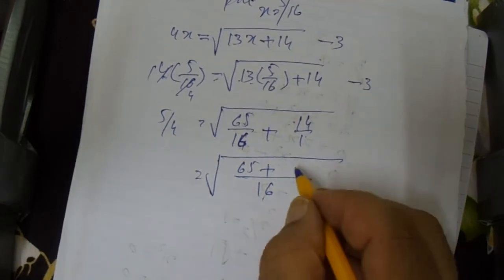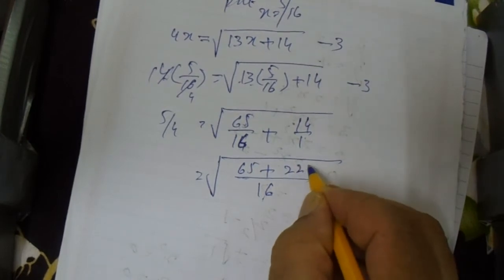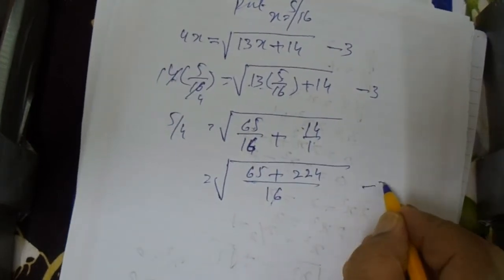And is equal to 14 multiplied by 16. 14 multiplied by 16 is equal to 224. 224 and minus 3.